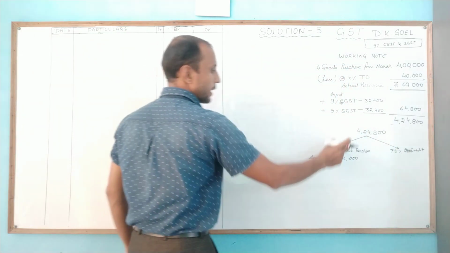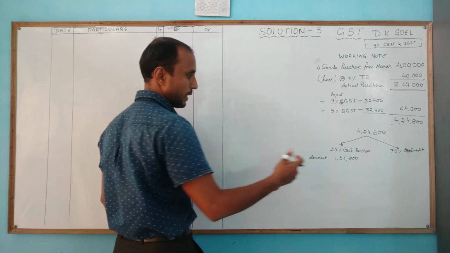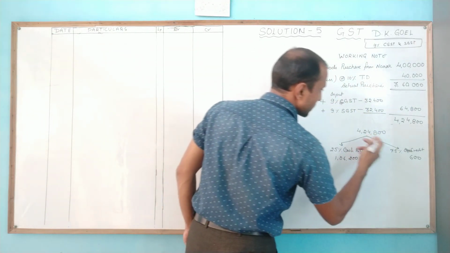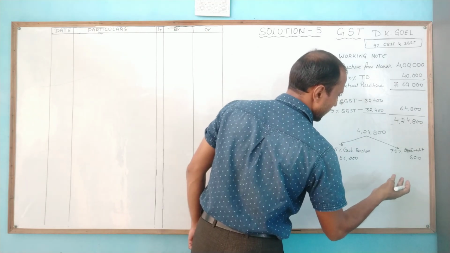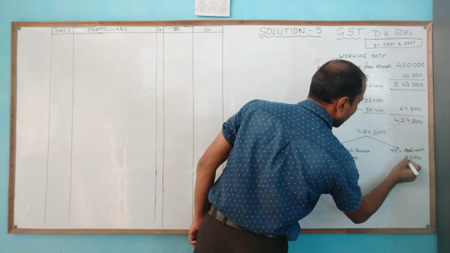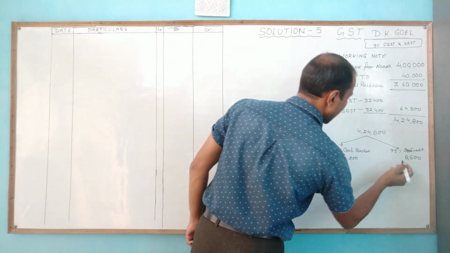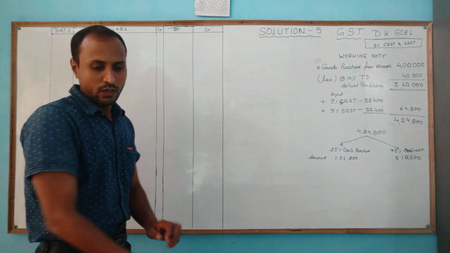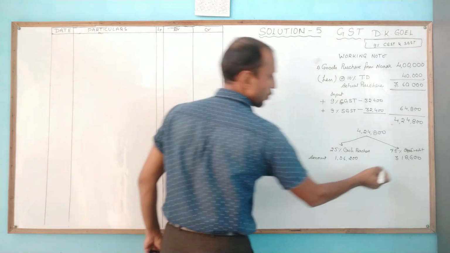So we will subtract 25% from this, and it will be approximately 3,18,600. Is it clear?